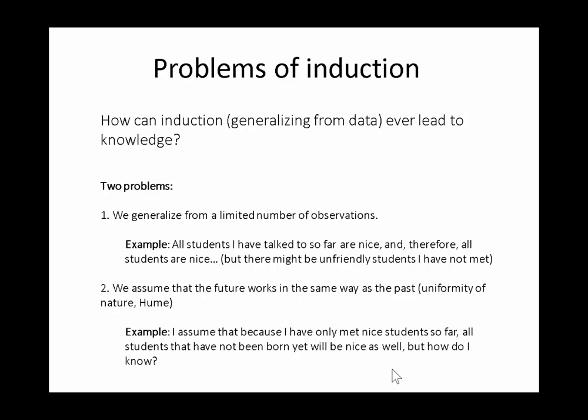So you see where I'm going with this, and we could go even further and say, okay, let's talk to every student in Ireland, if I had nothing else to do. And maybe I'd figure out all of them are nice. But then we're just talking about Ireland. So the problem here is, how can we draw a general conclusion from a limited set of observations, even when we have representativeness, or we draw a huge sample of the population and so on.